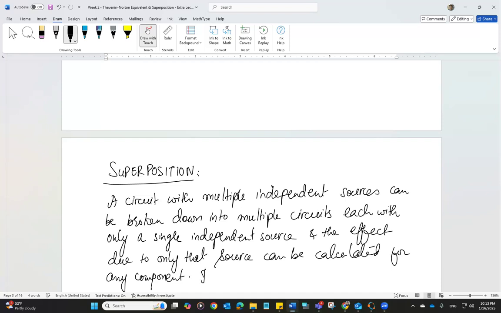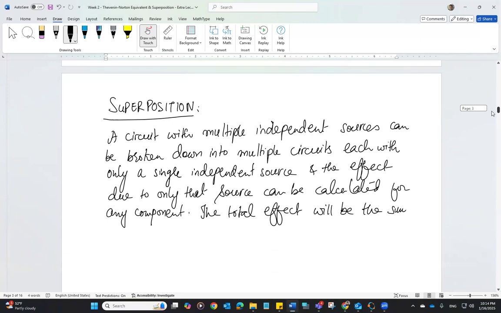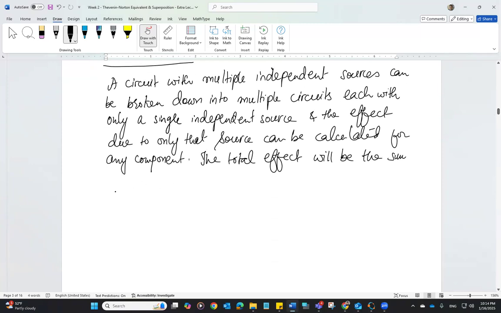The total effect will be the sum of all the individual effects by each source.